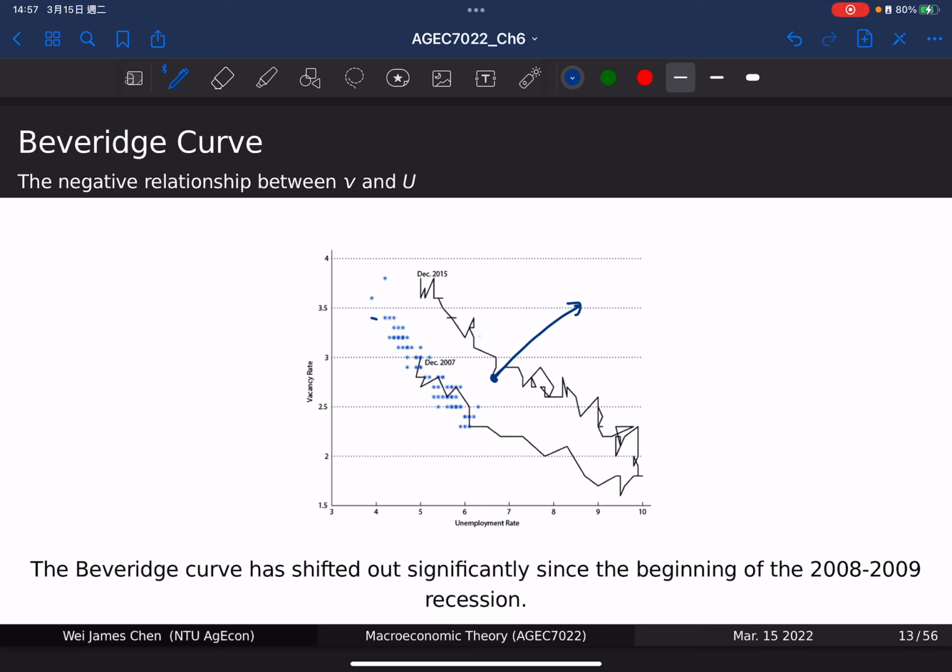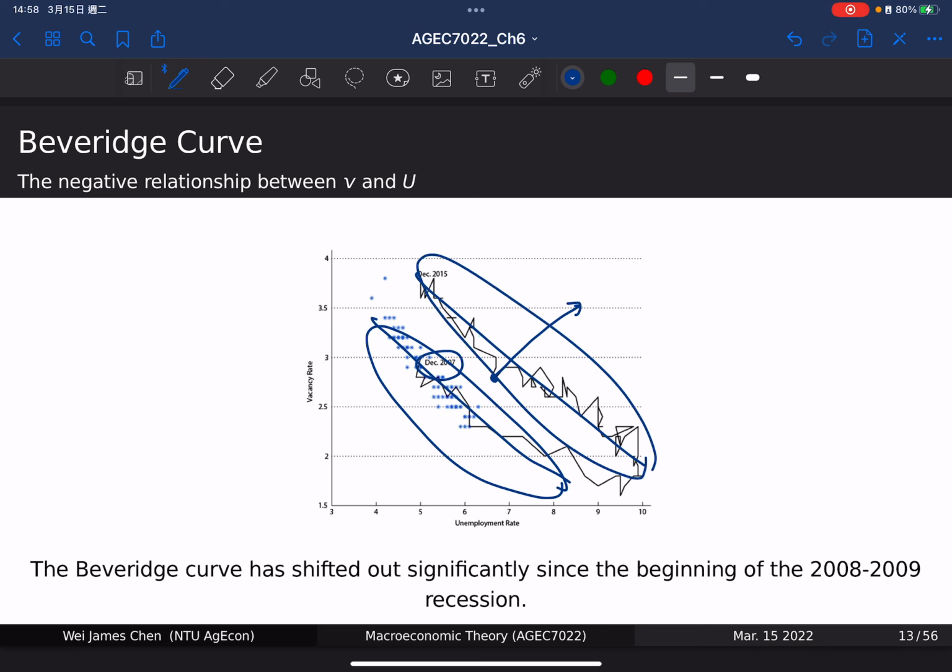You can see that first of all, it's negatively correlated, right? Another thing you can see is that it seems like there are 2 lines. These data are around the time before the 08 to 09 recession. These lines are all after the recession. It seems like the Beveridge curve shifted out. What do you mean by shifted out?